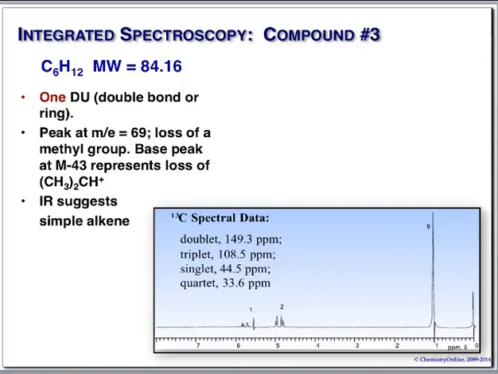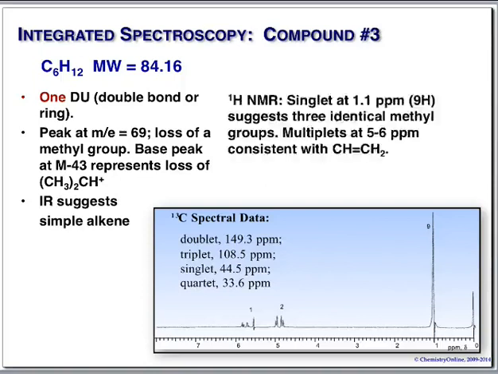So we have probably a CH and a CH2, both attached to double bonds. This is one, this is a CH2. So it looks like we have this fragment and we have 3 identical methyls.